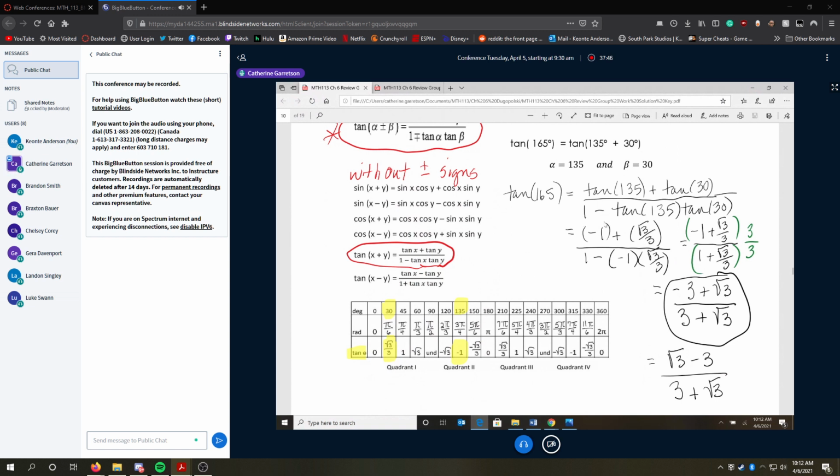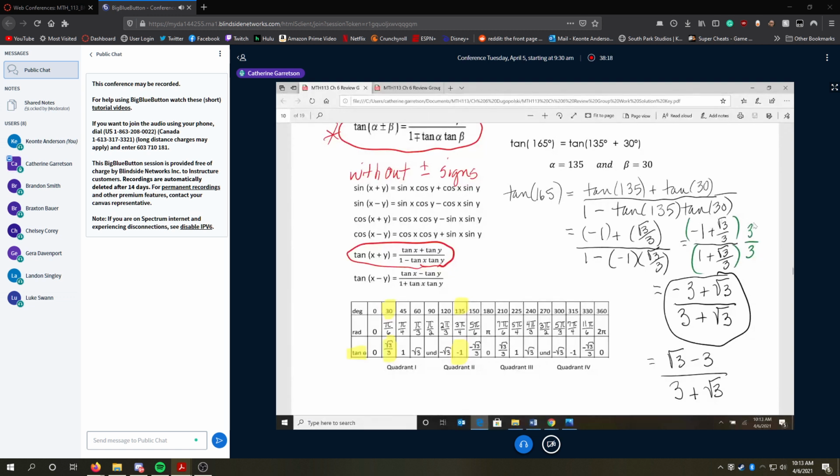Then I say 1 subtract, and then this is a -1 times this. So now I've got to do the multiplication, order of operations going on here. You have to multiply before you can subtract. So this becomes 1 plus √3/3, and then this is -1 plus √3/3. Now I'm multiplying by 1 in the form of 3/3.